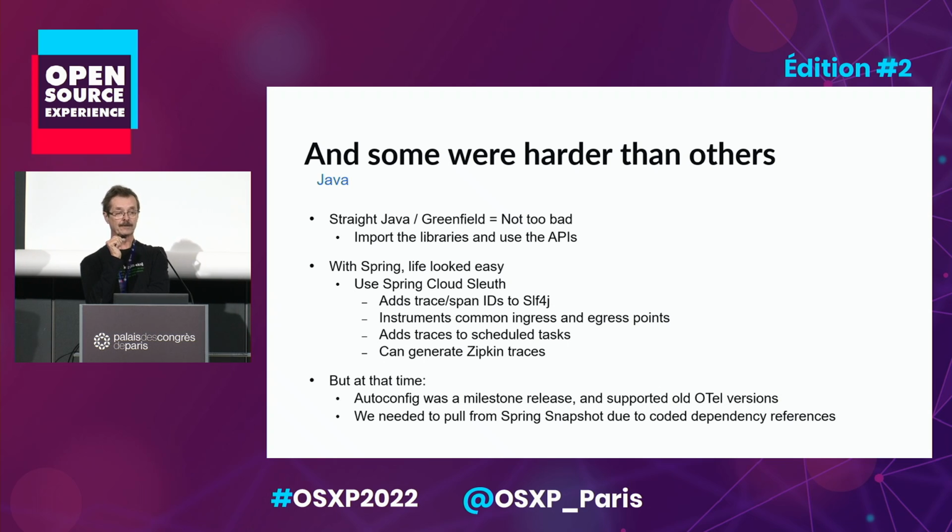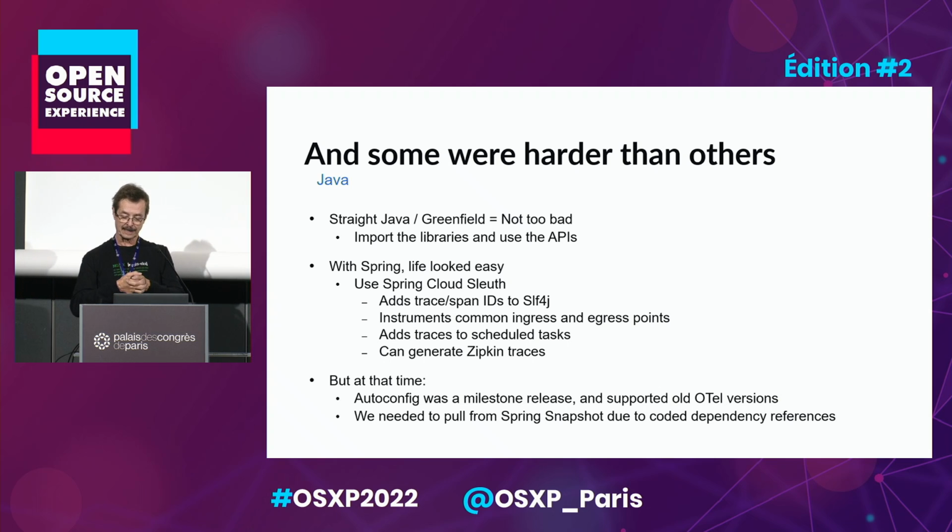We found out that if you were just writing straight Java or a greenfield application from scratch, it wasn't too bad. You just pull the libraries in, you use the APIs, and you're pretty much done. And with our framework, Spring, we thought it was going to look pretty easy here. Cloud Sleuth allows you to add these traces, has all the pieces in place here.